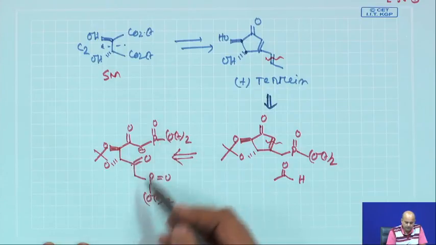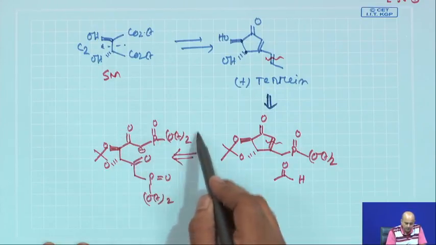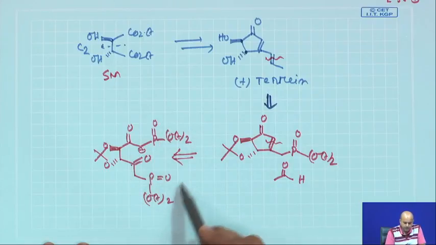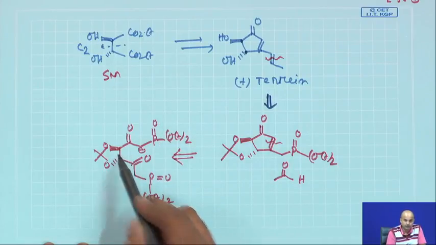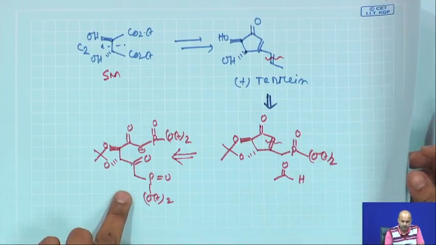Now, no matter which carbonyl reacts, because both these ends are homotopic, due to the presence of C2 symmetry. So, this is our chiron.